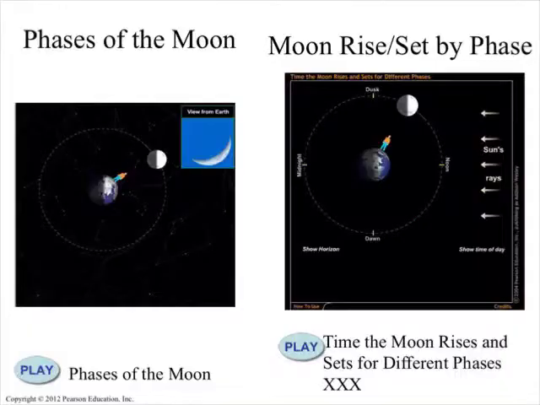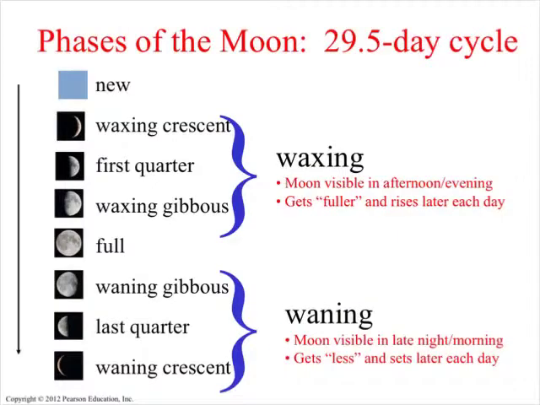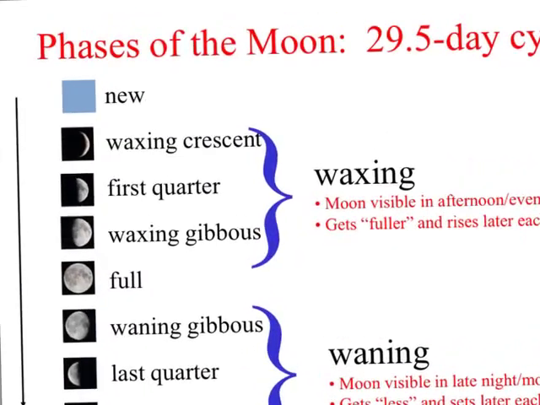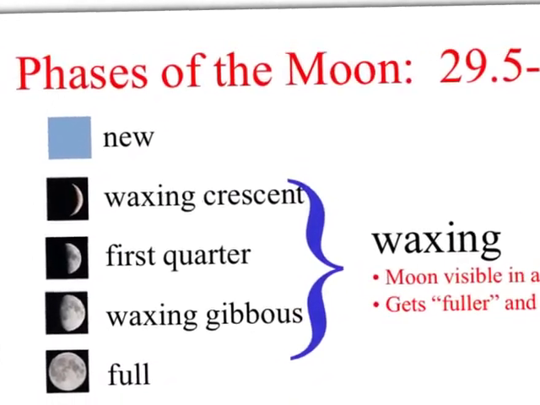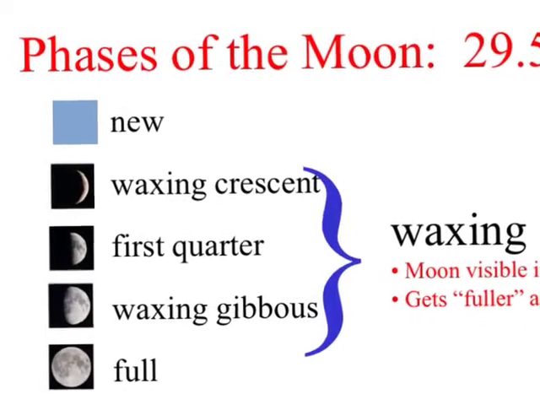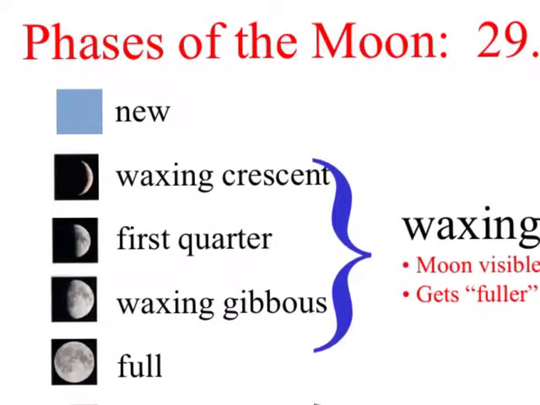I'm showing you this slide because I've got it in my PowerPoint slides. I think you have access to these if you have Mastering Astronomy. And here's my slide to show you all of the phases of the moon. Notice we go from new, getting larger, all the way ultimately to full.